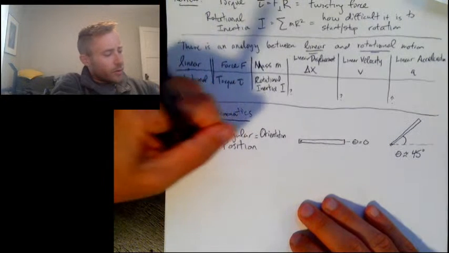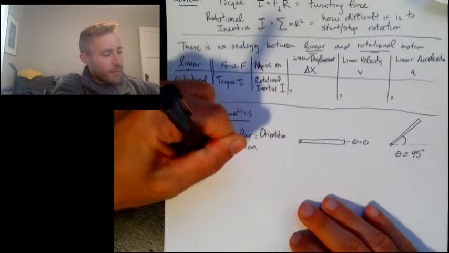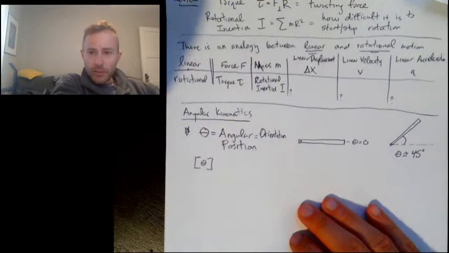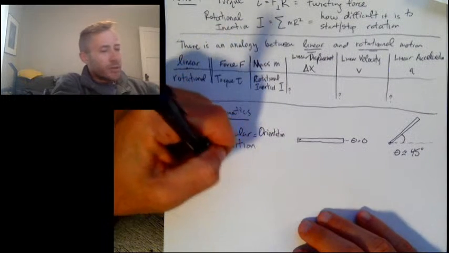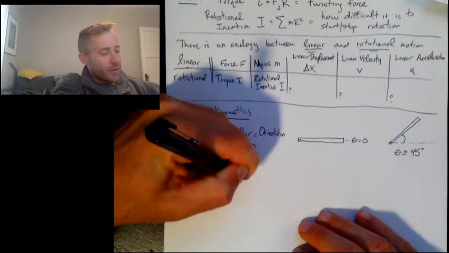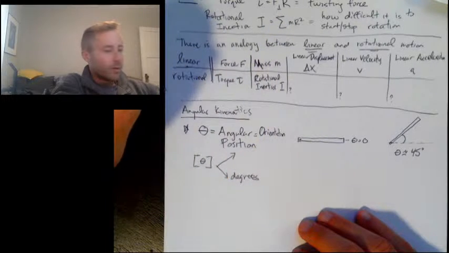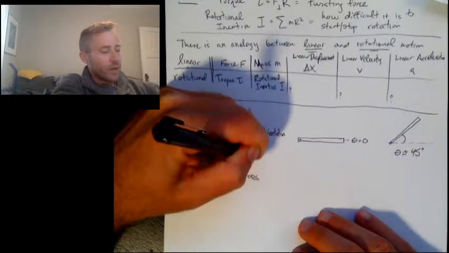So you could measure angular position in degrees, but this is actually the only part of the course where we're going to be using radians.